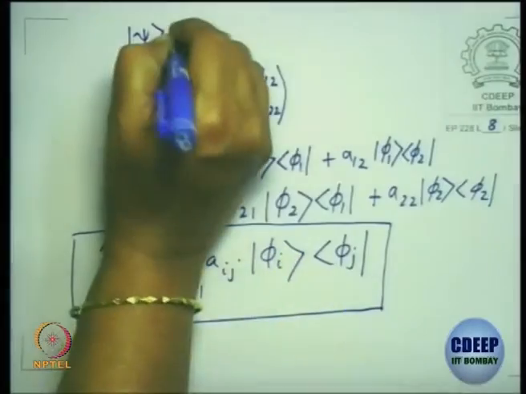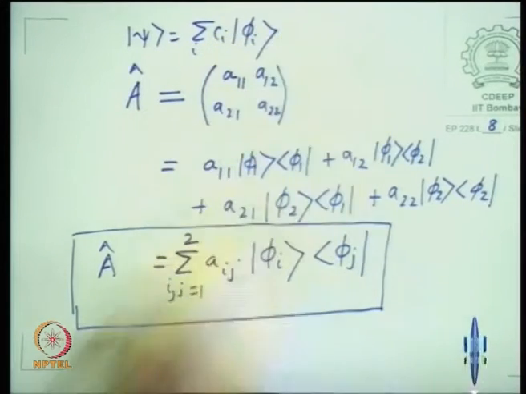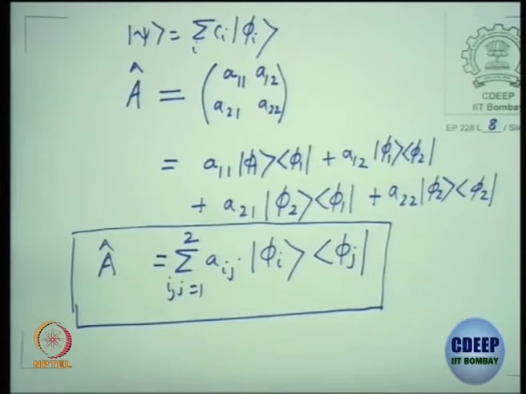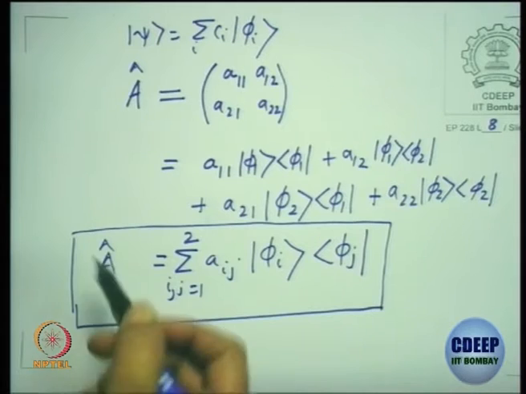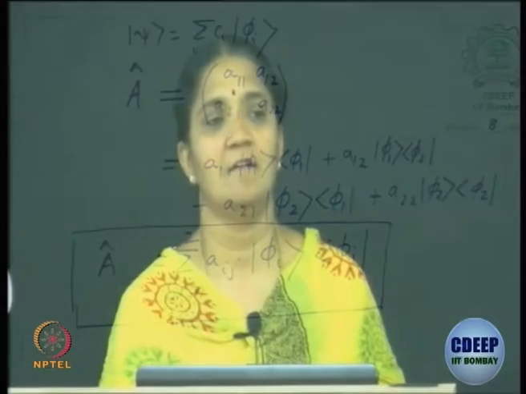So, just like we wrote a state psi as summation over i of Ci phi i, we can write any operator. This operator could be position operator, momentum operator, angular momentum operator, all possible. By operator I mean anything which you see as an observable.